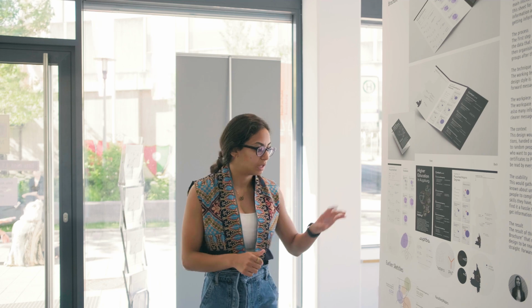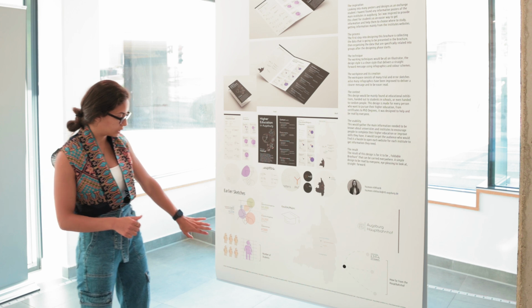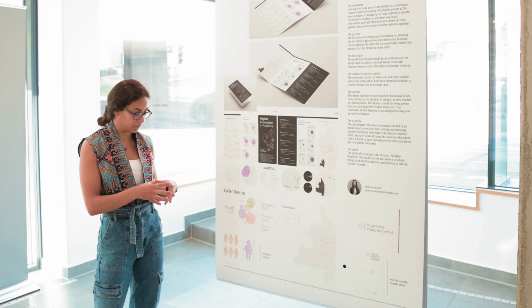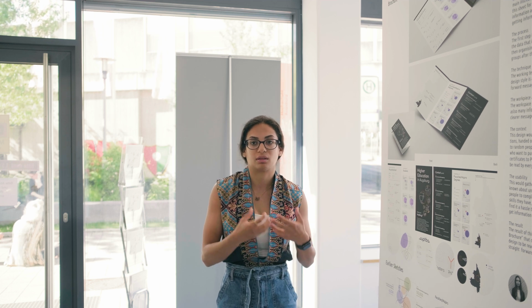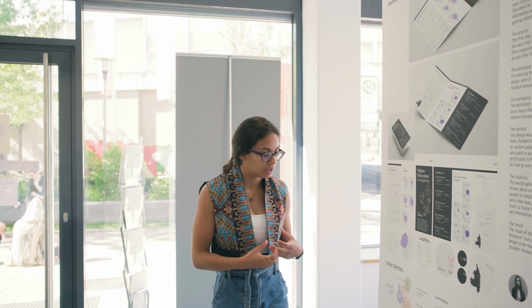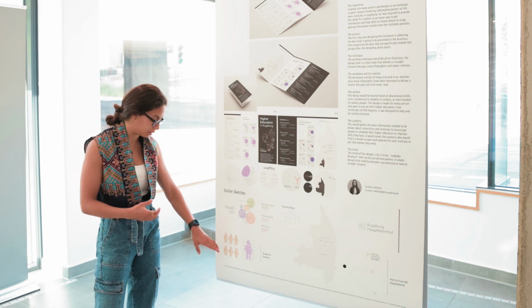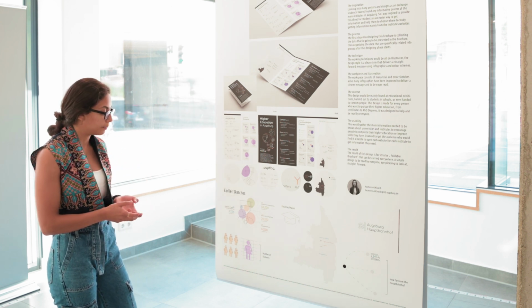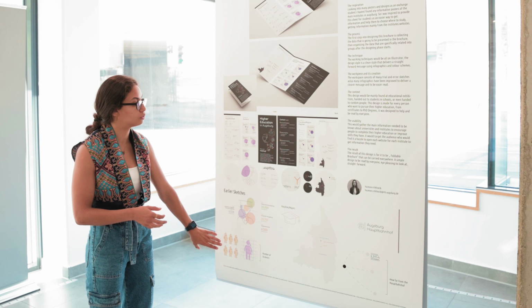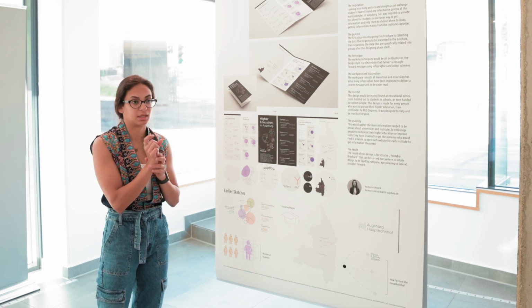So I started at first, let's say the first sketches I did was to first design an icon or illustrate an icon for the student or the person. And I started with this right here. The first illustration was a combination of male and female. But then when I started to have it on a smaller scale, it had a lot of repetition.